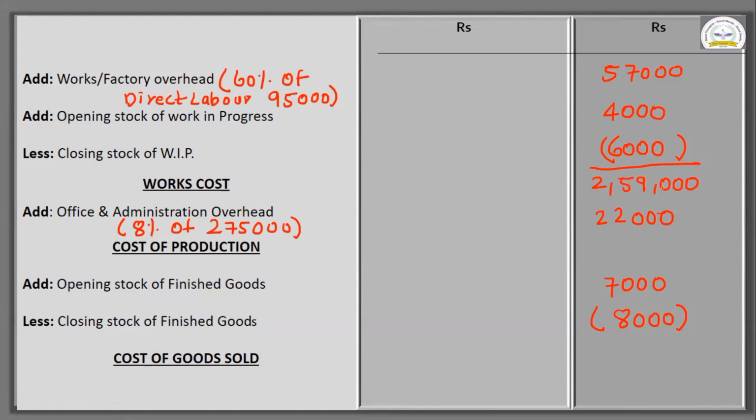Then in 2,59,000, we are going to add 22,000. If we add 22,000, then we'll get 2,81,000 rupees. Then in 2,81,000, we'll add 7,000 and we are going to less 8,000 rupees. Then we'll have 2,80,000 rupees.